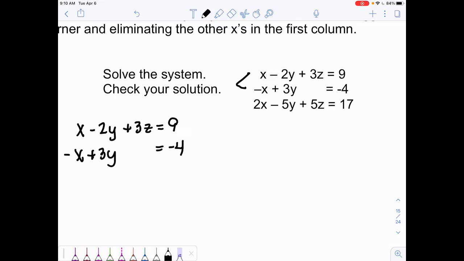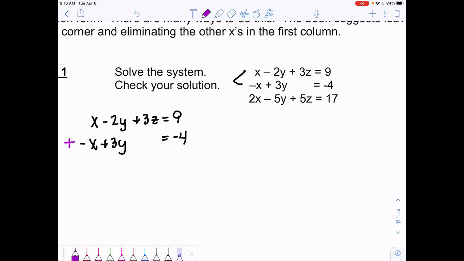If you just add these two equations together, what would happen with them, Peter? The x's will cancel. So we're going to add these two equations to get the x's to cancel. Because again, the goal is to try and get this to look like a stair step problem. I want to eliminate the x's underneath. So Peter, if you add the two equations together, what do you get?